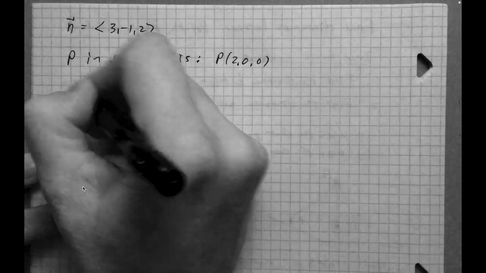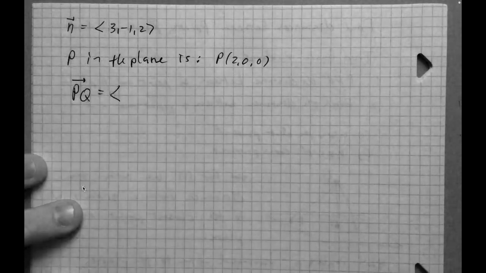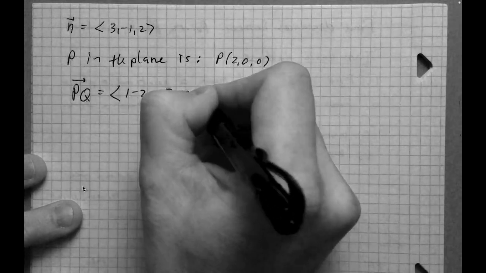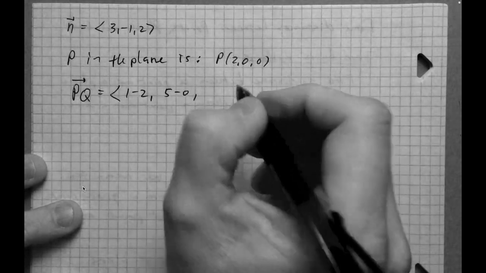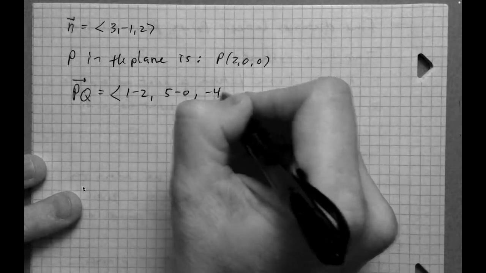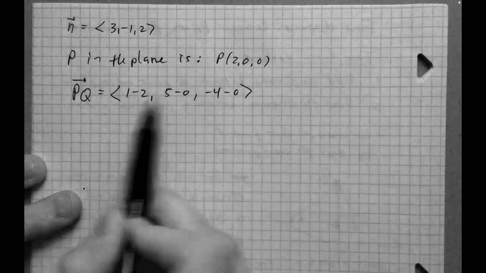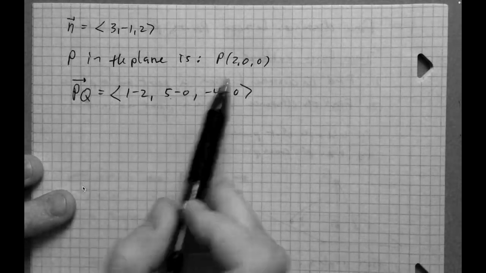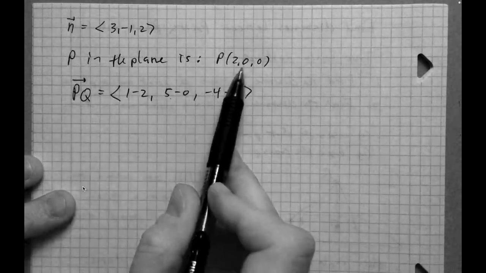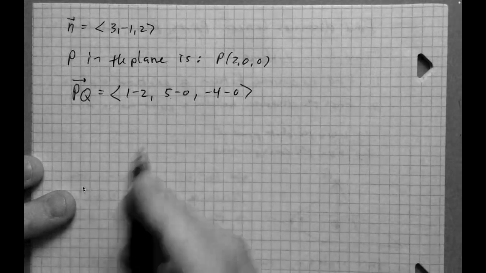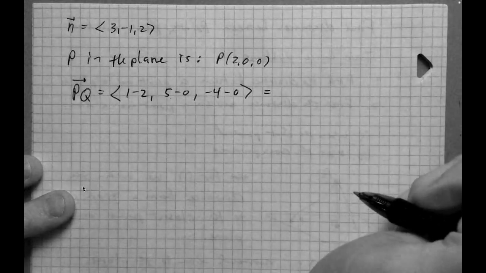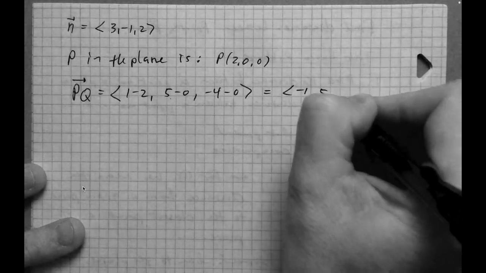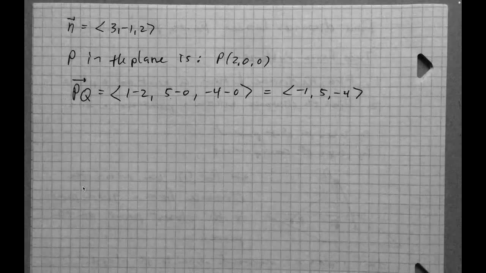So PQ is going to be 1 minus 2, 5 minus 0, and negative 4 minus 0. So 1, 5, negative 4 is the given Q, and then P is this 2, 0, 0. Subtracting all that off, we get negative 1, 5, negative 4. So that's the vector PQ.